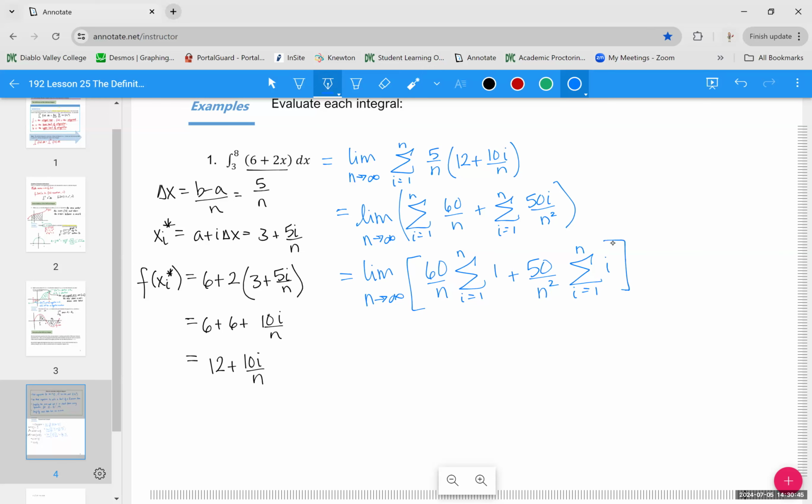My next step is going to be to get rid of these sigmas and use what the sum from i equals 1 to n of a constant is, which is that constant times n, and the sum from i equals 1 to n of i, which was n times n plus 1 over 2. So that is my next step.